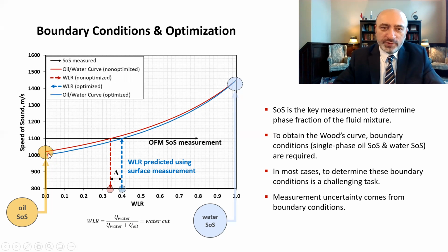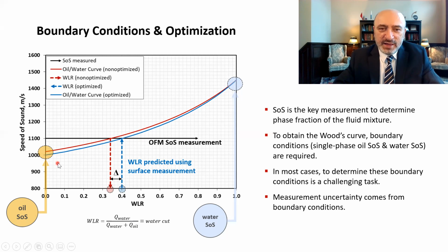By lowering the speed of sound of oil at some specific oil speed of sound, this new Woods curve will go through the new intersection point. We will call this new curve the optimized Woods curve and the new boundary condition the optimized oil speed of sound.